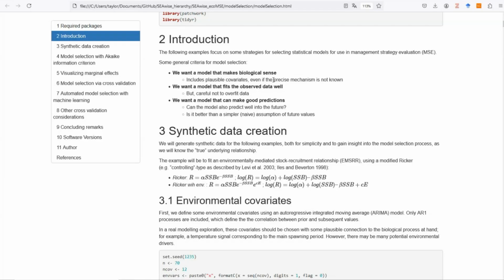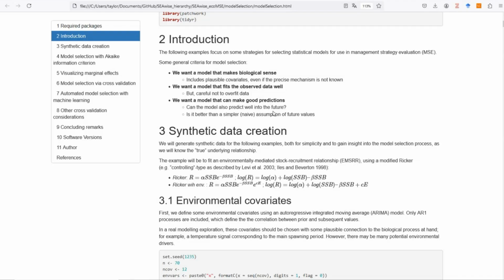You don't necessarily need to know the precise mechanism in all cases, but they have to be somehow plausible. Secondly, we want a model that fits the observed data well, but with the caveat that we don't want to overfit the data. So we'll see some approaches in identifying when we've overfit data, and how that looks.